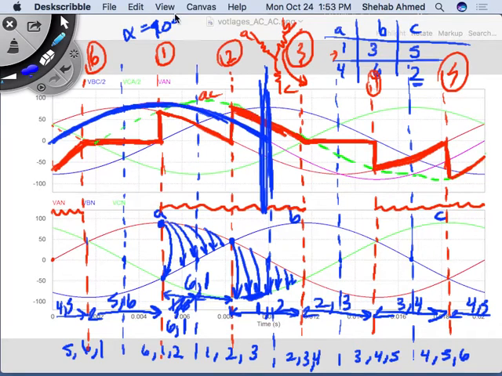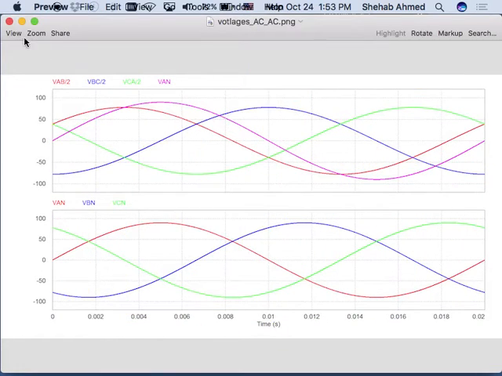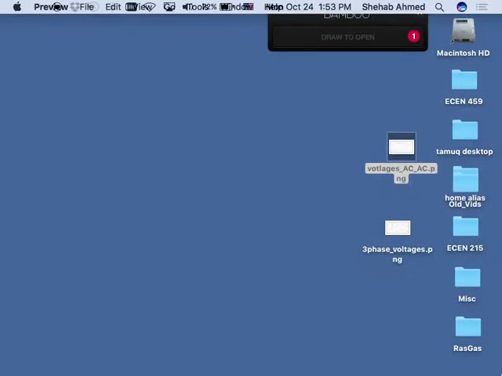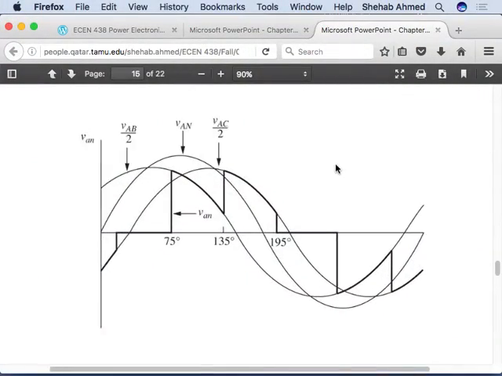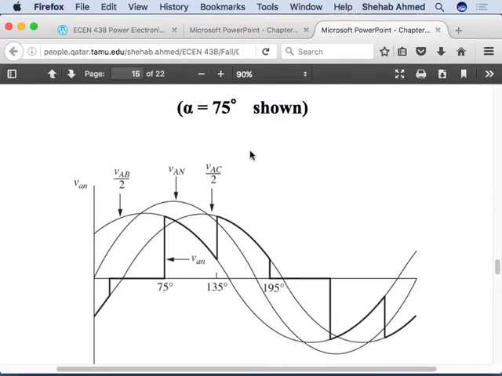But this is a different condition, right? Here I only have 2 devices on, never 3 devices on at the same time, unlike the last case. I didn't draw 75 only because I didn't have the nice grid lines. I drew 90.